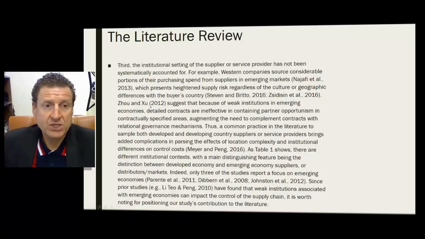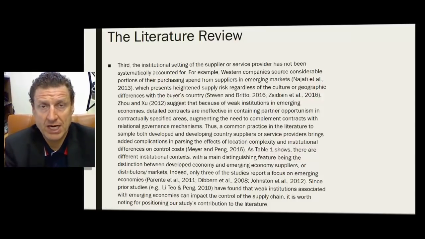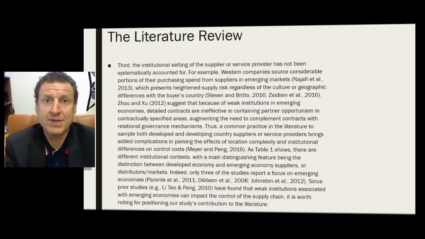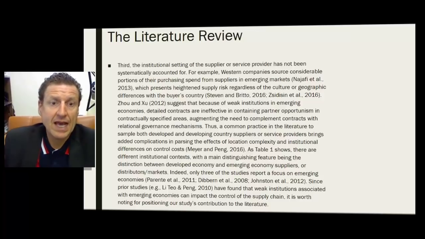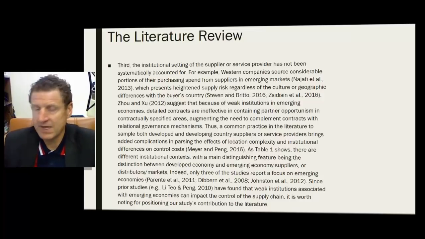However, Zhao and Zhu suggest that because of weak institutions in emerging economies, detailed contracts are ineffective in containing partner opportunism in contractually specified areas. So I'm explaining, with reference to the literature, why the institutional context matters between emerging economies and developed economies. And so that's what the third paragraph is about.